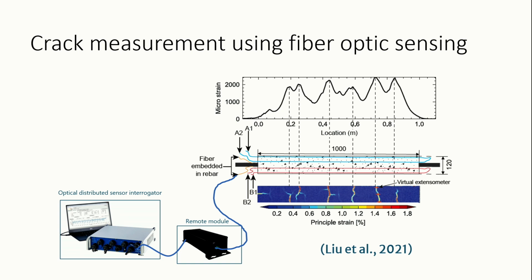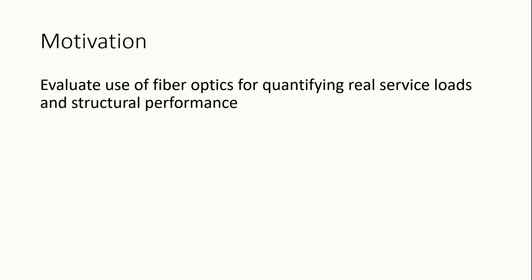So it's a direct correlation between the surface cracks that we are seeing in the image correlation and the peaks that we are seeing in the fiber that are occurring inside this element. So that is the motivation to evaluate the use of this type of technology in a real structure and study its performance.